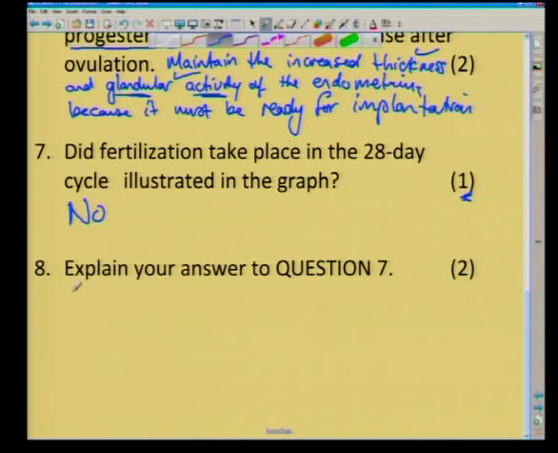And that would have been quite simply the progesterone level has dropped.